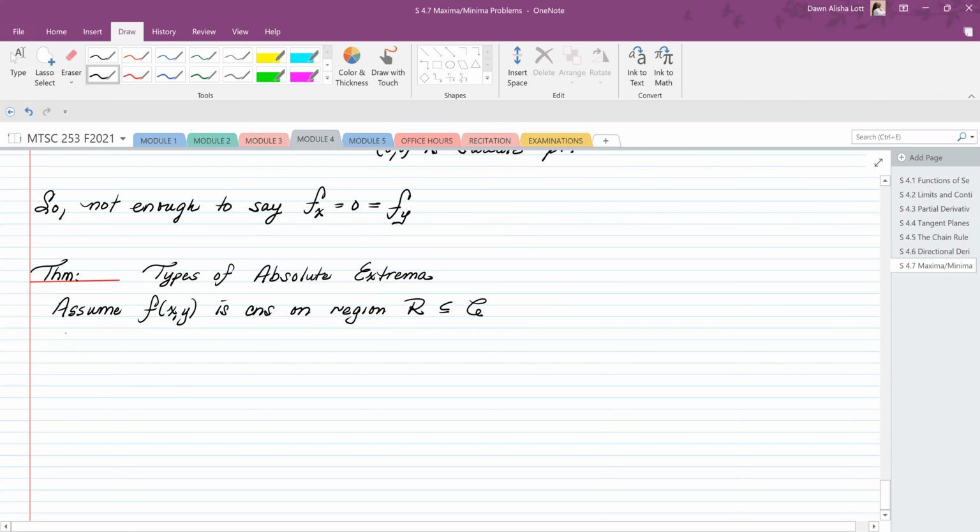And then we have f of AB is an absolute max or min if first thing has to happen. One, it's an interior point.